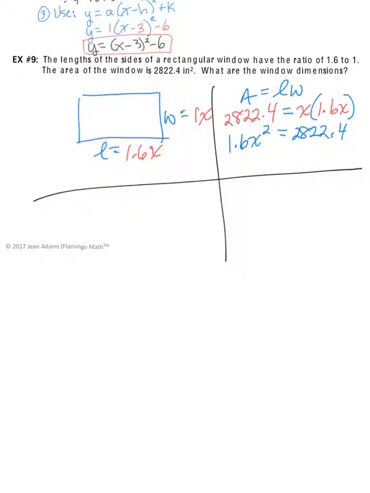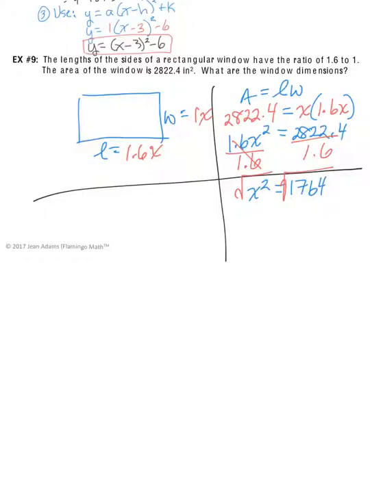Okay, so from here, we are going to divide by 1.6 because we want to isolate the squared term. So I've got x squared is equal to 1,764. Then when you take the square root of both sides, now this time I don't need to do plus or minus over here because x is going to be dealing with a multiple for a side length, and we don't want our side length to be negative.